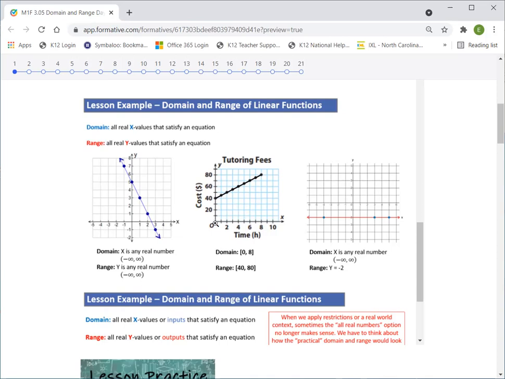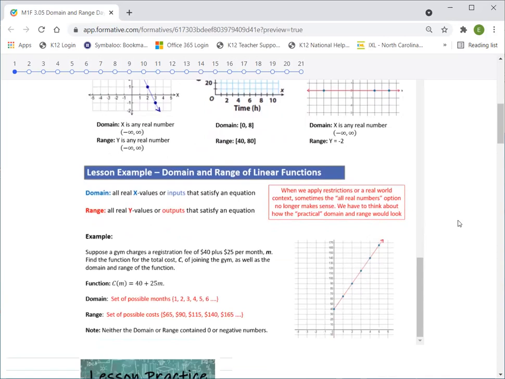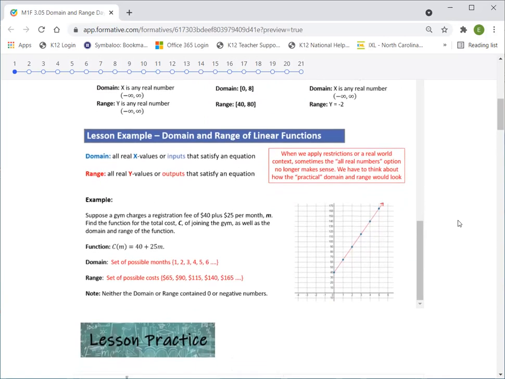So if I go down to my x-axis, that's at 0. And the furthest right on my x-axis is 8. So it'd be 0 to 8. And then on the y-axis, my lowest point is at 40 and the highest point is at 80. Okay, so again, you want to look for the lowest to the highest, make sure you're reading them that way always. And then here's another example of a horizontal function.